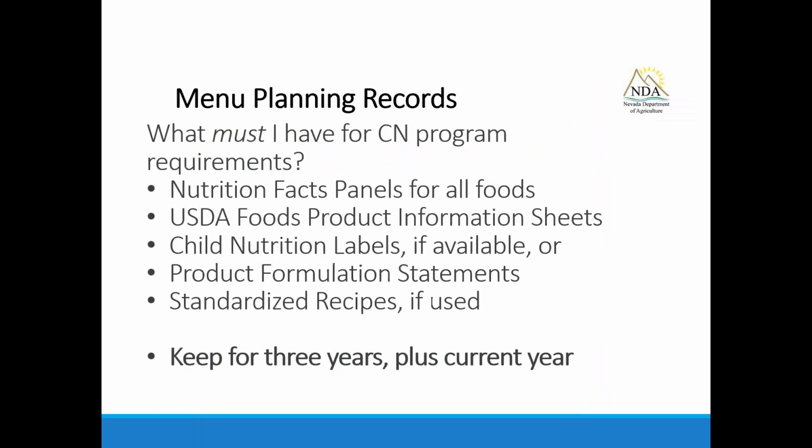So again, just a brief recap of menu planning records. And we get a lot of questions from the state on what must I have for a child nutrition program requirements.